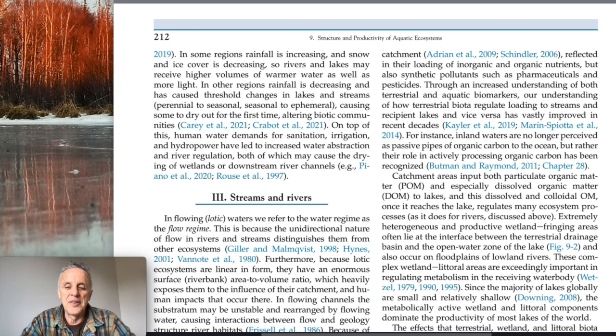Through the increased understanding of both terrestrial and aquatic biomarkers, our understanding of how terrestrial biota regulate loading to streams and recipient lakes and vice versa has vastly improved in recent decades. For instance, inland waters are no longer perceived as passive pipes of organic carbon to the ocean, but rather their role in actively processing organic carbon has been recognized.